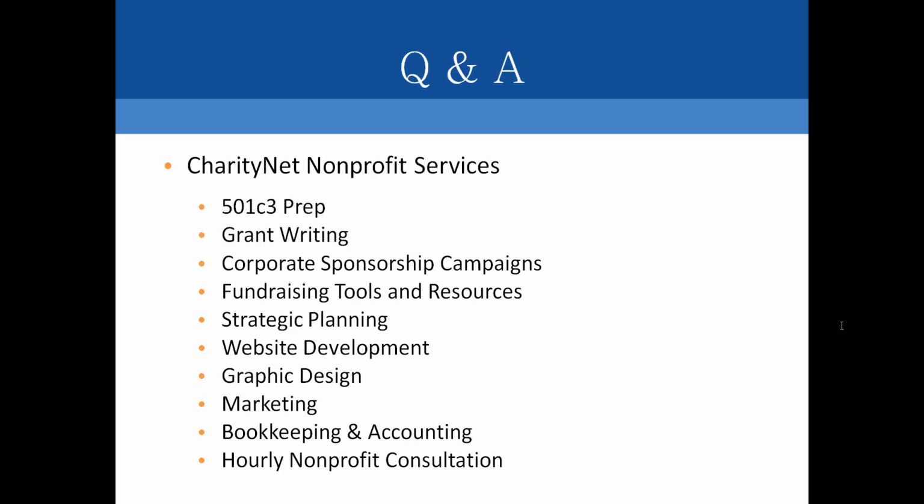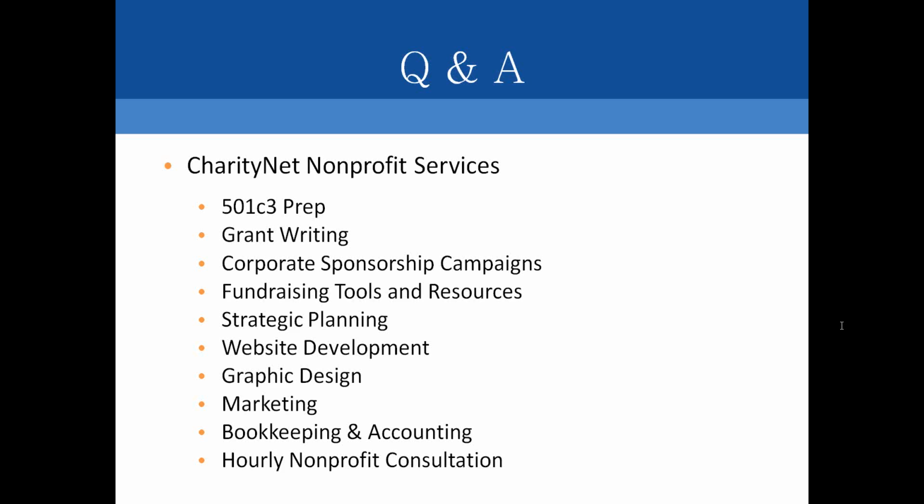The question is, how much is our grant writing services? Grant writing services vary based on the package that you pursue. We have a grant package 3, grant package 5, and a grant package 10.